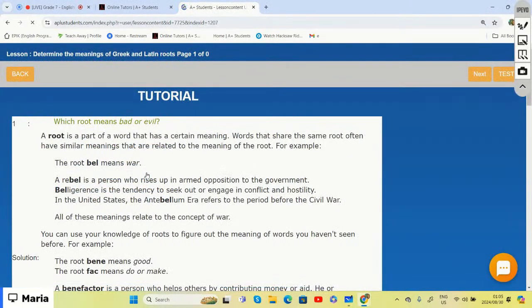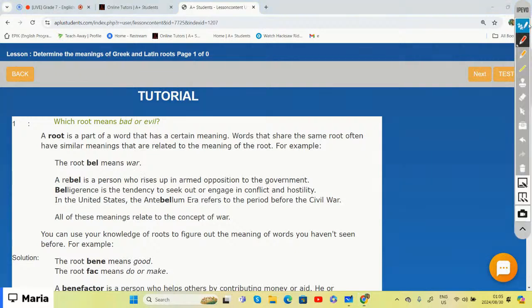When it comes to a root, a root is a part of a word that has a certain meaning.